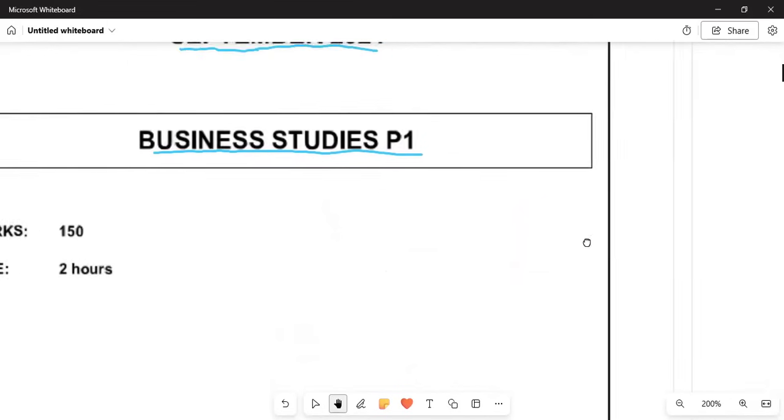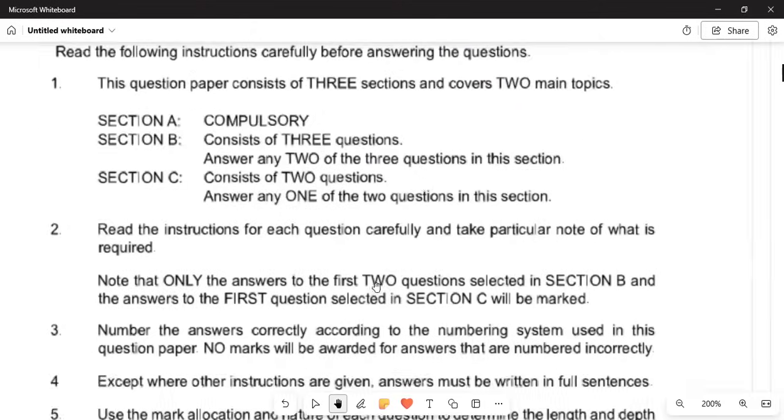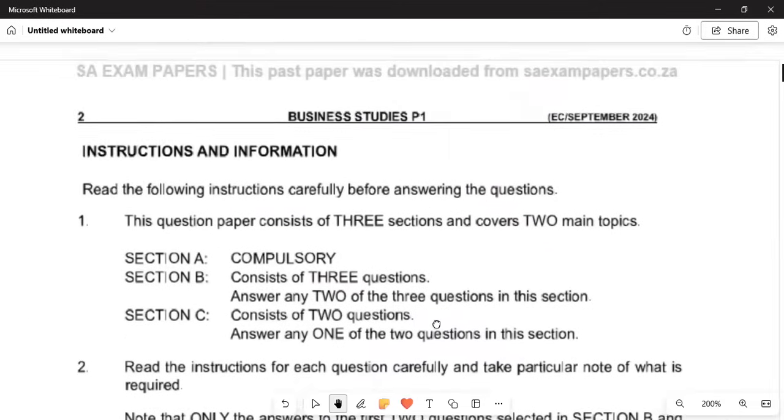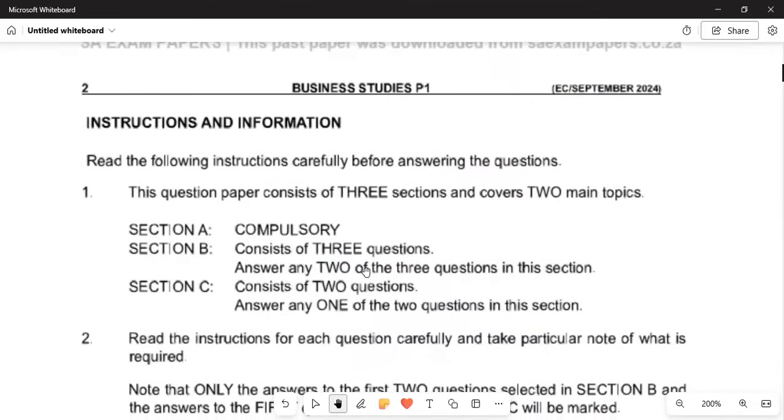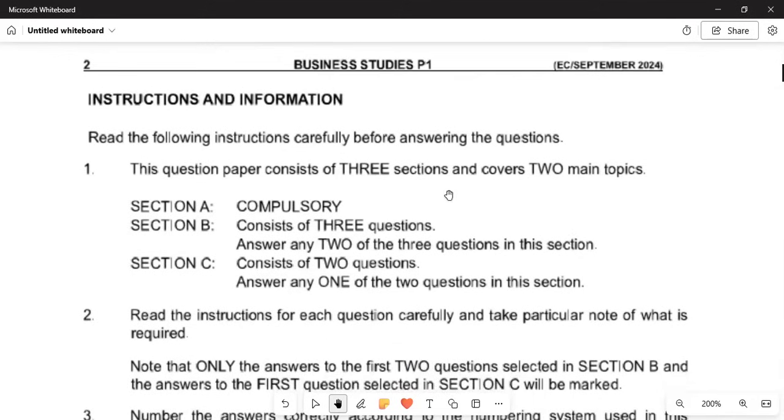Now we are moving on to the instructions and information. They read as follows. Read the following instructions carefully before answering the questions. The question paper consists of 3 sections and covers 2 main topics.